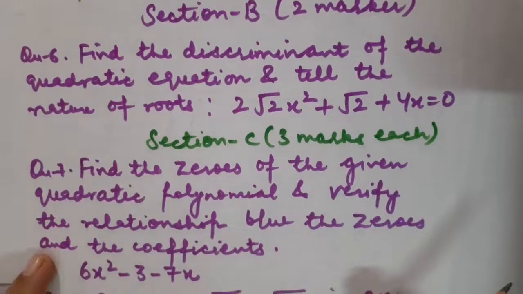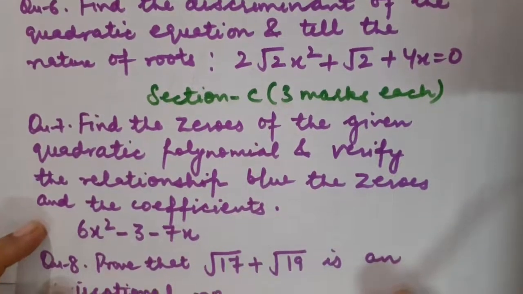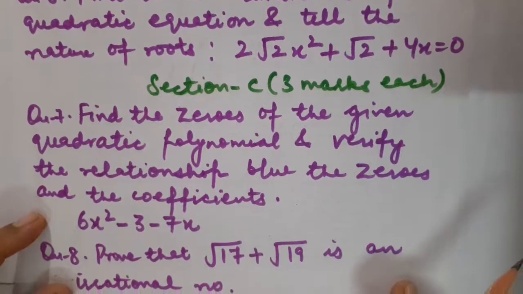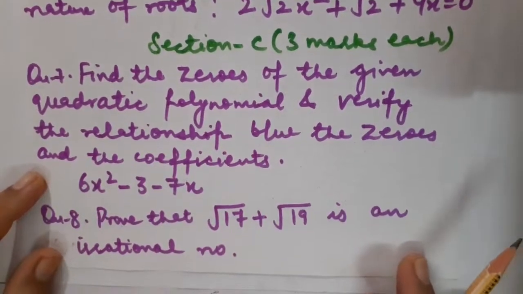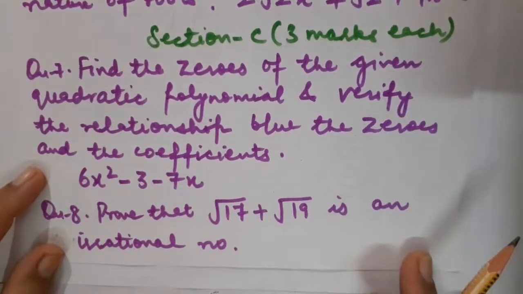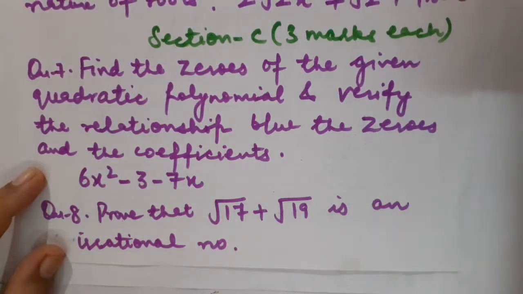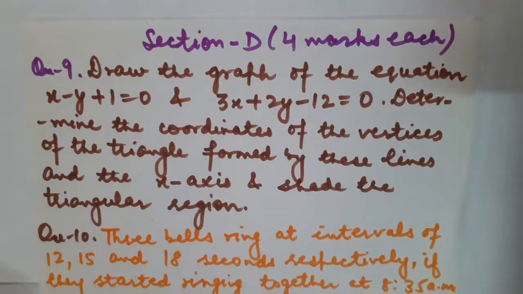Now this is section C, 3 markers each. Please read the statement carefully. Do not copy incorrect statements. And you have to attempt your test very neatly and carefully. This is section D, 4 markers each.